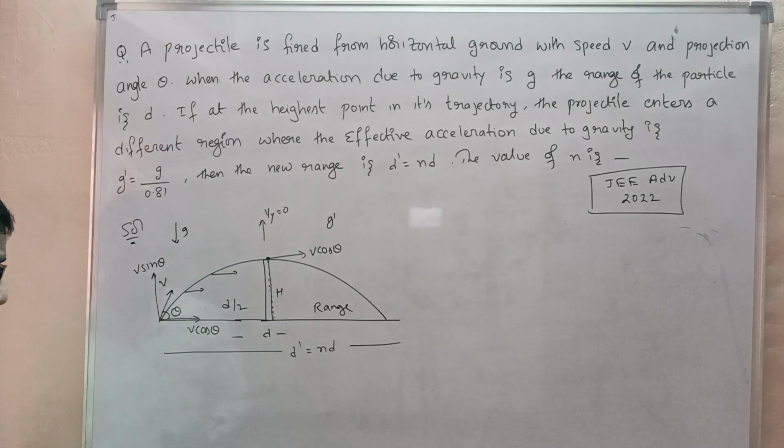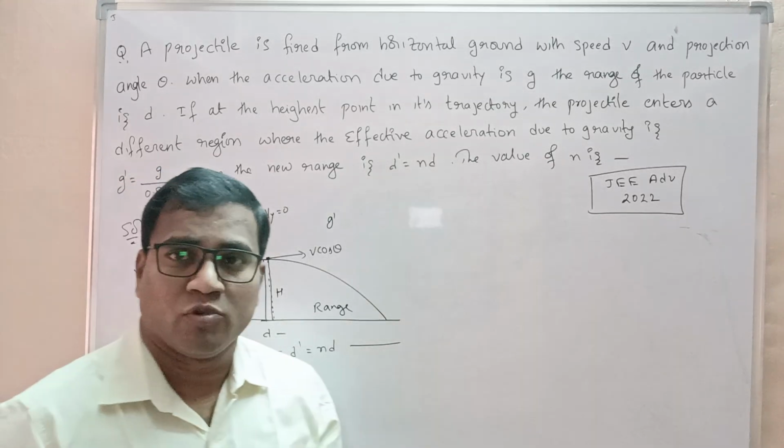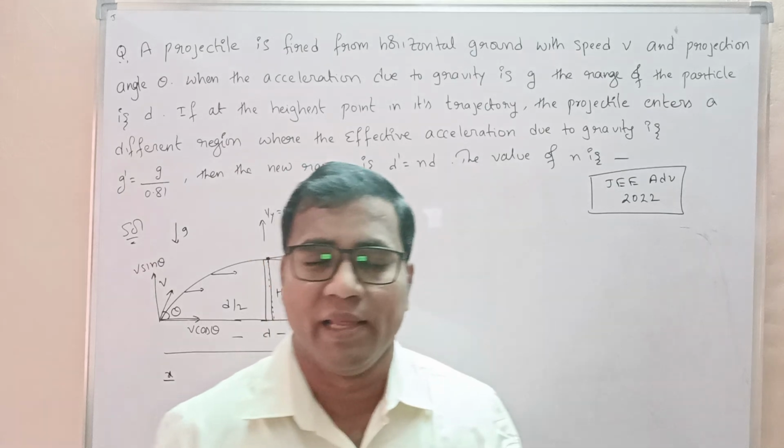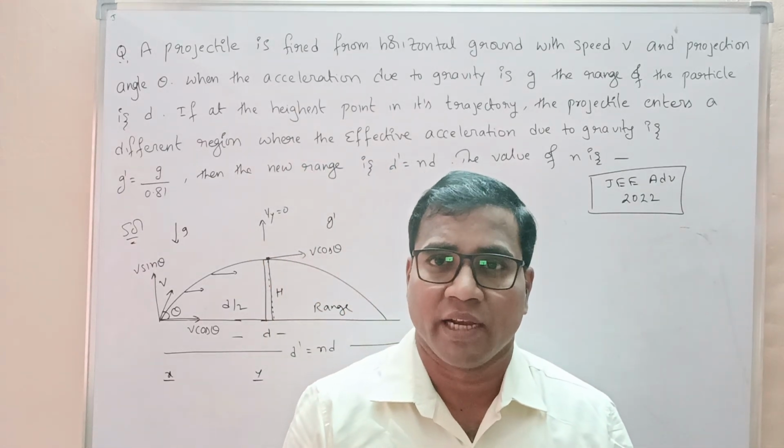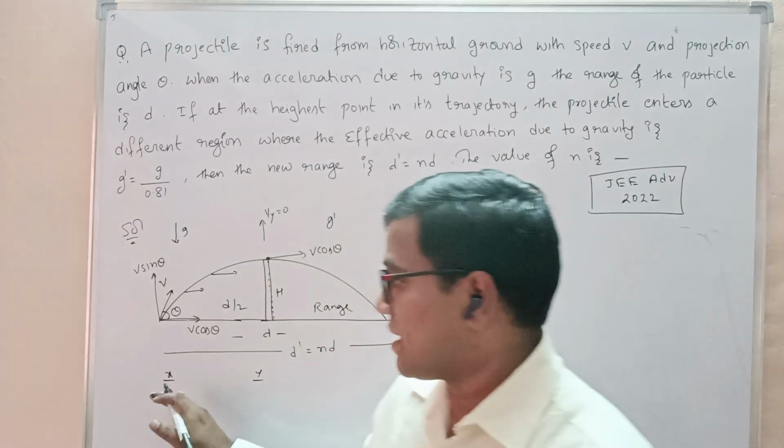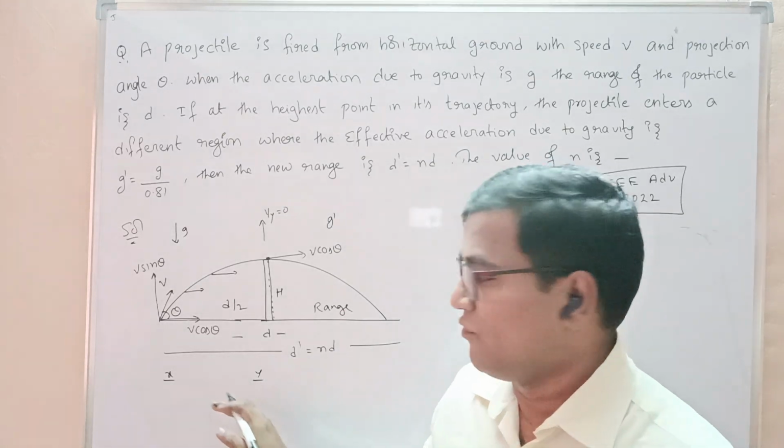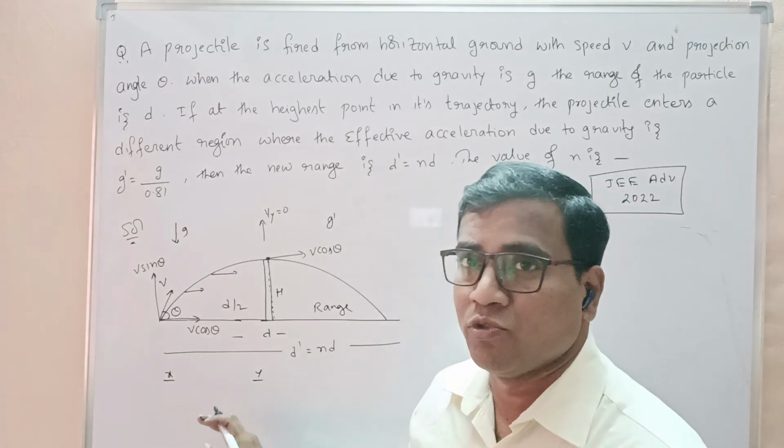Now first we will write the x components and y components. While solving projectile motion, if you feel it is difficult, try to write down the x values and y values, then it will be easy to solve.